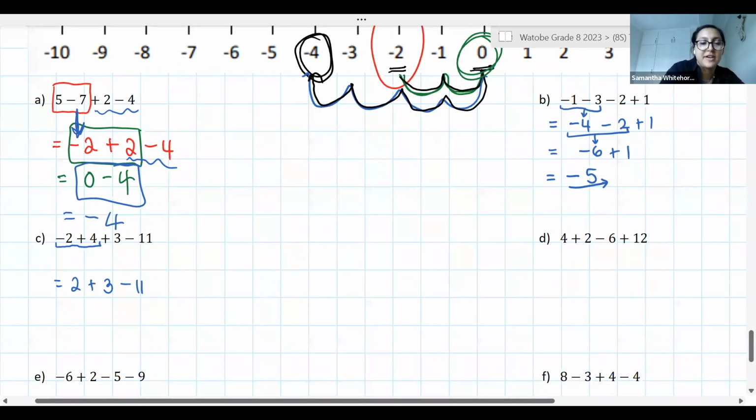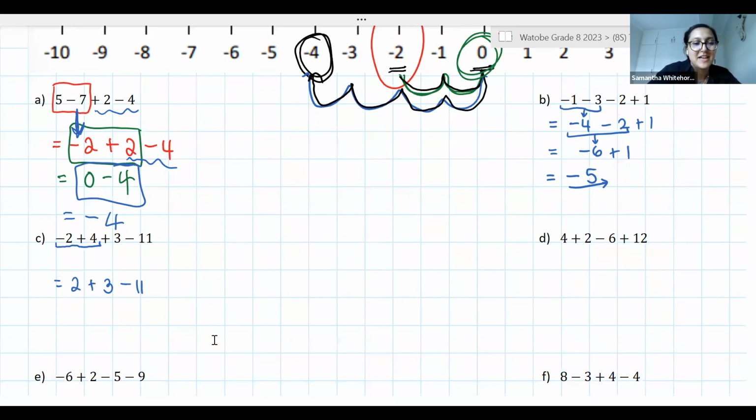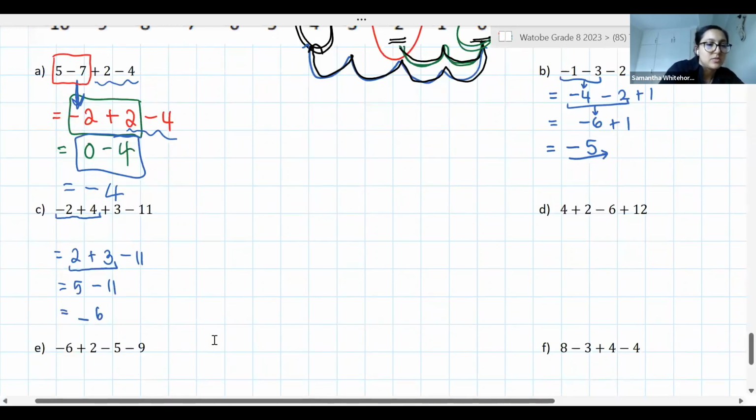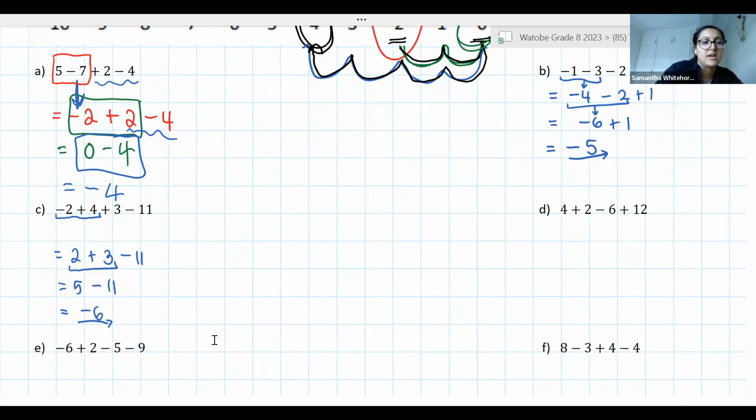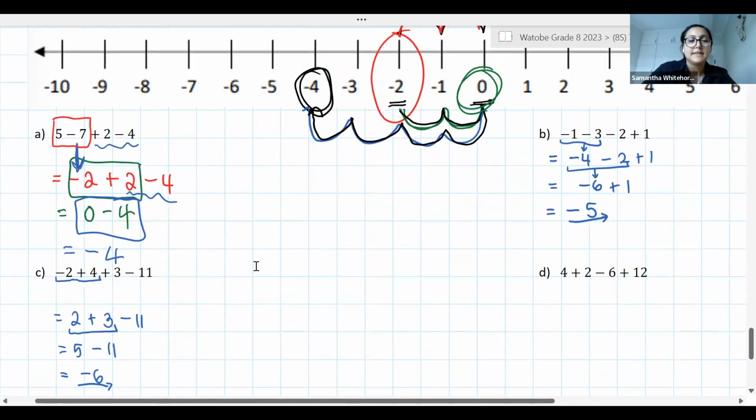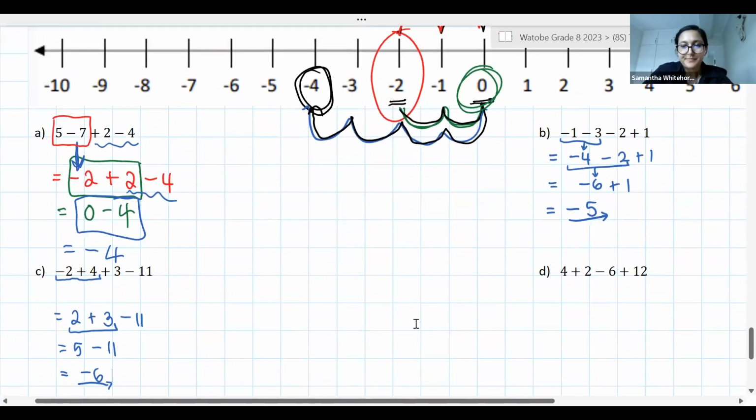And -6 is correct, guys. Very well done. If we then do our next step, 2 plus 3 gives us 5 minus 11. And so 5 minus 11 is exactly as we were told. So we're looking at -6. Very nicely done. Well done. Did really well. Thank you. Nice work.